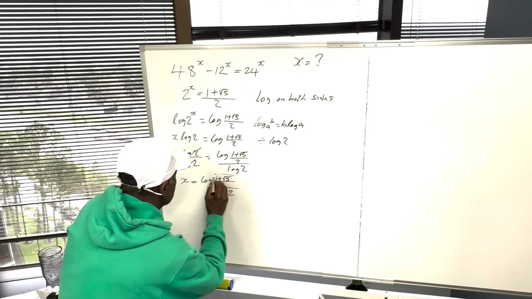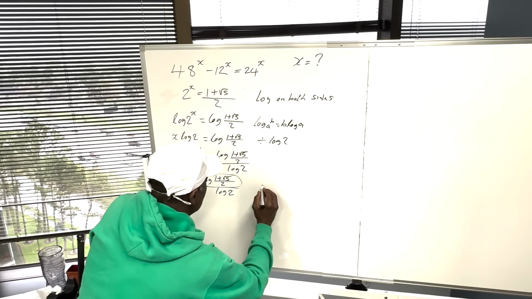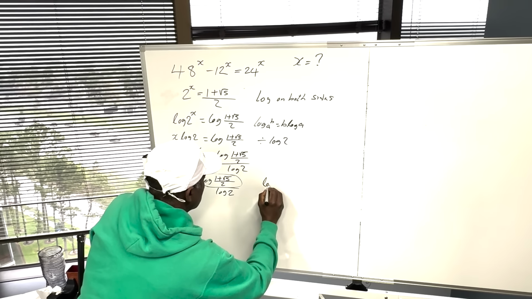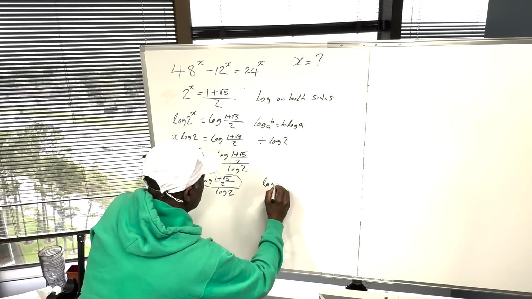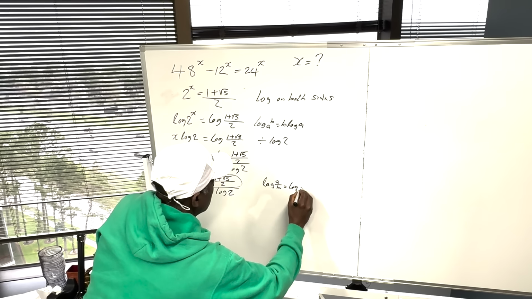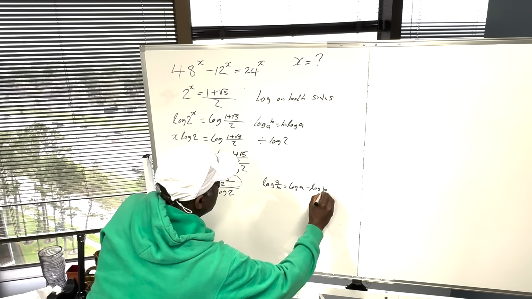Using the logarithm principle, log a over b is equal to log a minus log b.